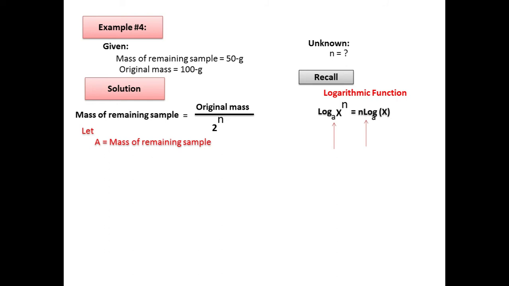So let us have this one. Let A is equals to mass of remaining sample, B is equals to original mass. Okay. So ibig sabihin, pag gagamitin ko yung A, yan yung stands for mass of remaining sample. Equals to, pag gagamitin ko naman yung B, that serve as our original mass divided by 2 raised to n. Okay. Cross multiply this one kasi ito ang hinahanap natin. So it becomes 2 raised to n is equals to B over A.